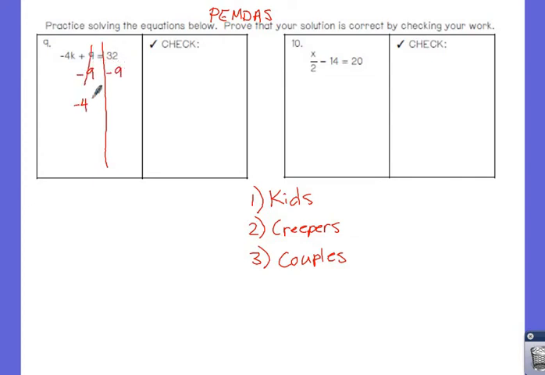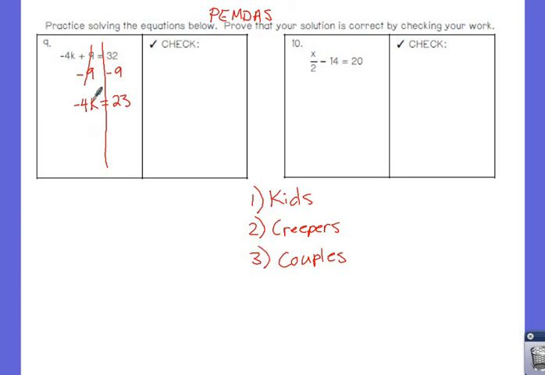I have a negative 4k equals 23. Wait, no, 3. Okay. Now, do I have any more kids to deal with? No. Any creepers to deal with? No. Okay, so I skip that and go to the couple.